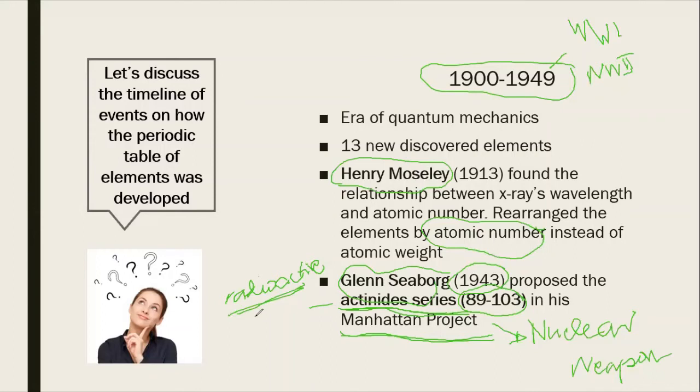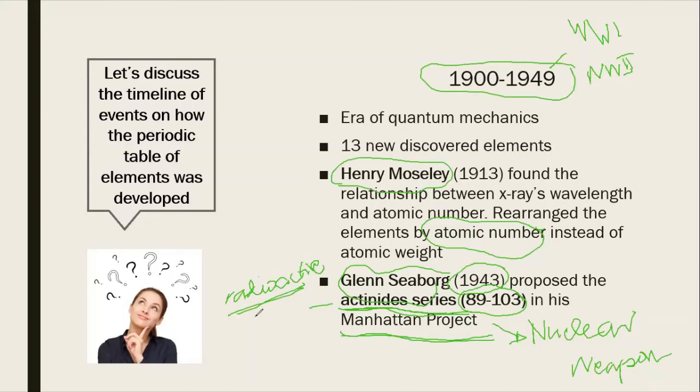Kasi in fact, si Albert Einstein actually wrote a letter to, if I'm not mistaken, I don't know if it's Theodore Roosevelt. Parang doon siya sumulat na talagang gagawa talaga ng kanilang nuclear weapon during that time.